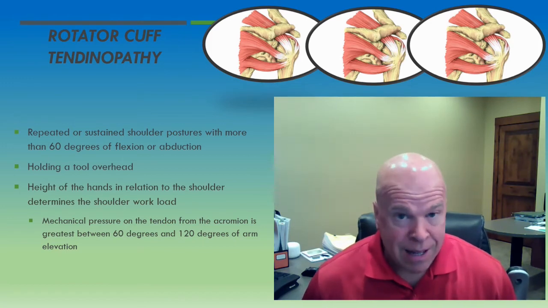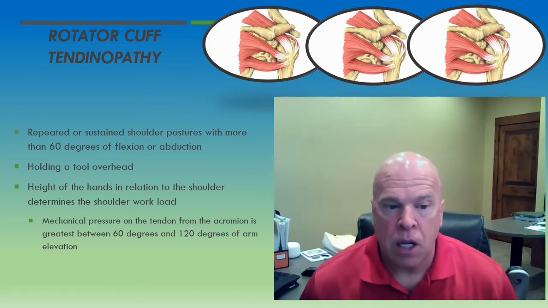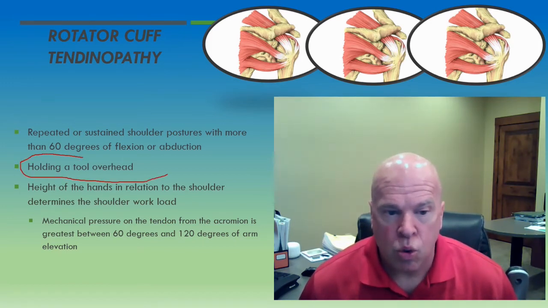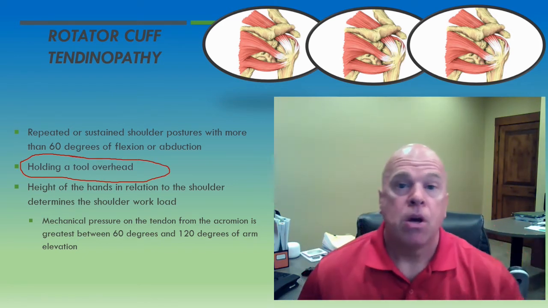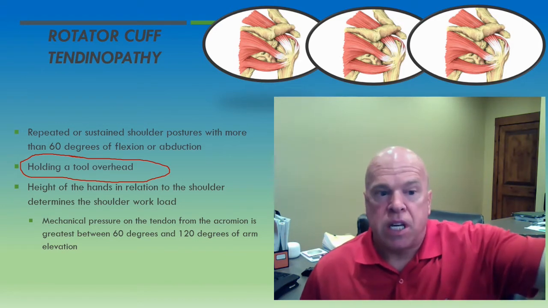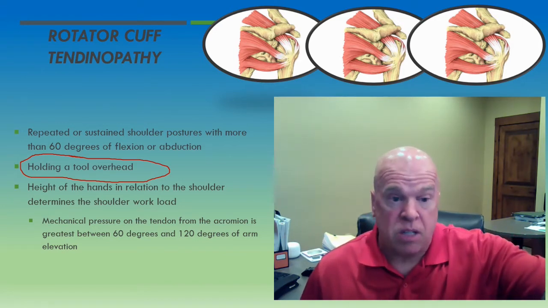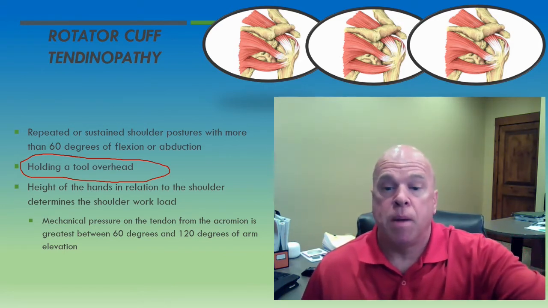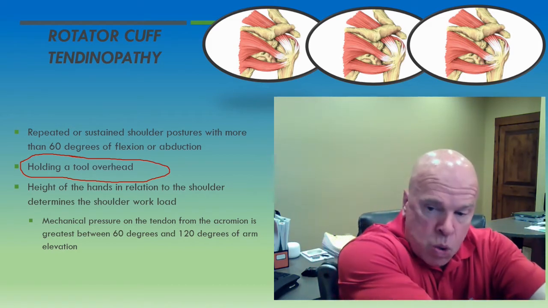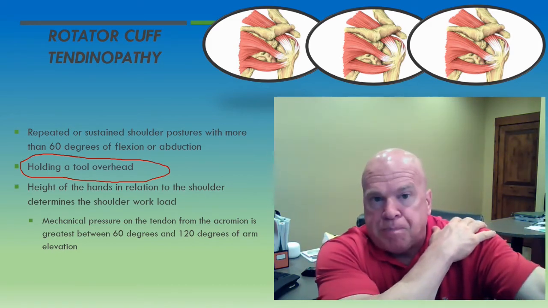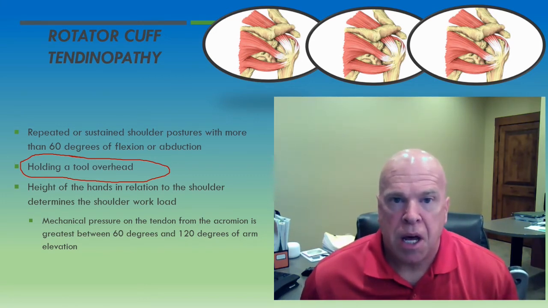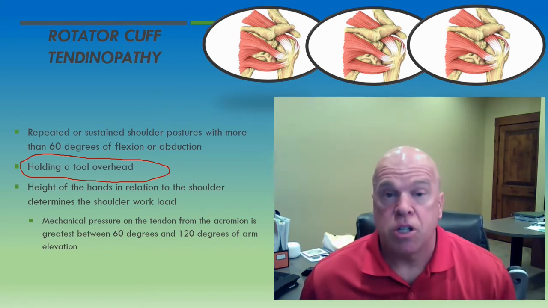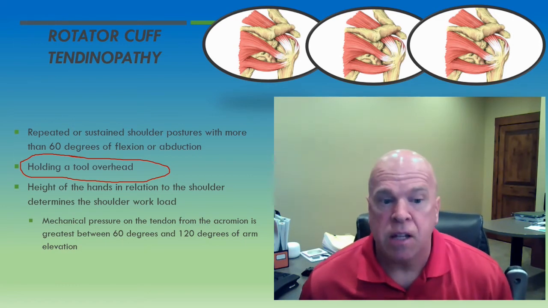And then in that position with an applied load, such as holding a tool overhead, such as holding a load away from the body. Okay, so with the shoulder in this position at 60 degrees of flexion or abduction, and then applying a load to the joint and to the tendons, seems to be the worst position for the rotator cuff tendons.